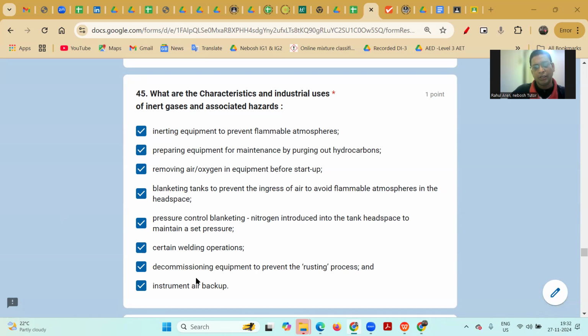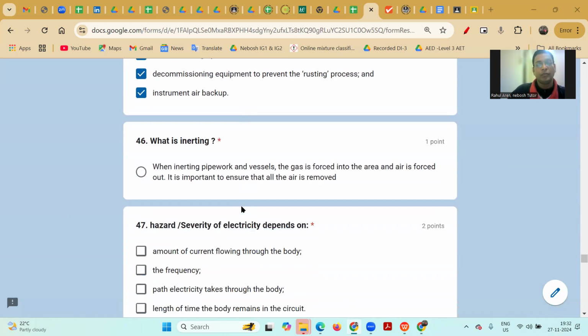We need to get an idea about how inert gases can be used for this purpose. Then what is the inerting procedure? When inerting pipework and vessels, the gas is forced into the air and air is forced out. It is important to ensure that all the air is removed. Suppose we have one particular tank and we are going to inert it. There will be some vapor there.